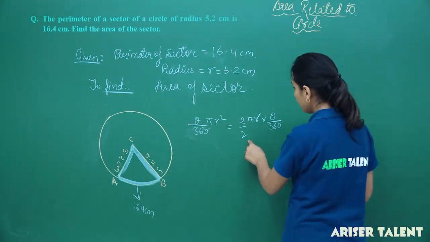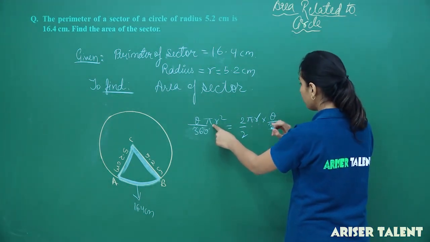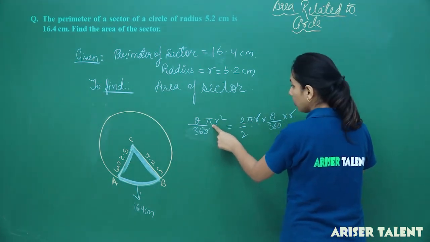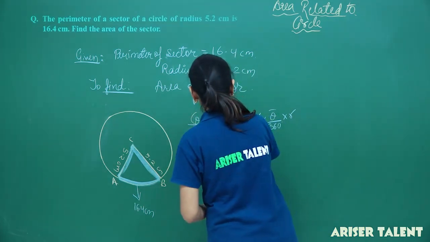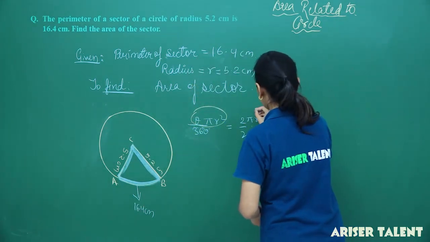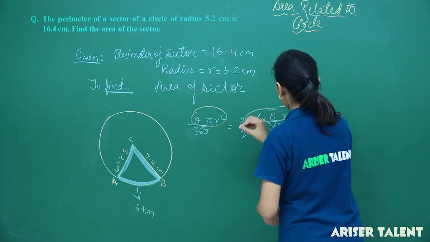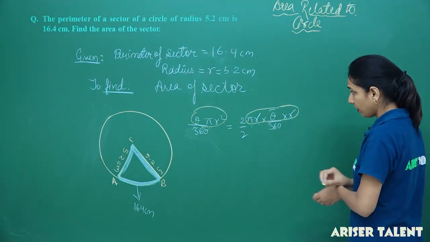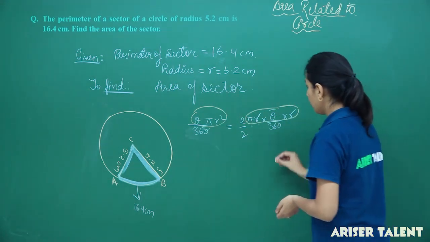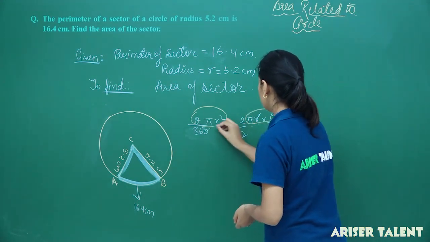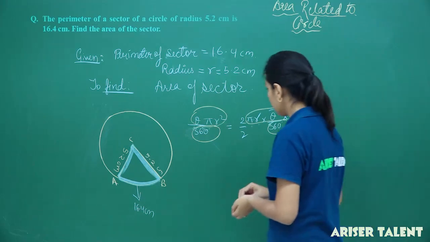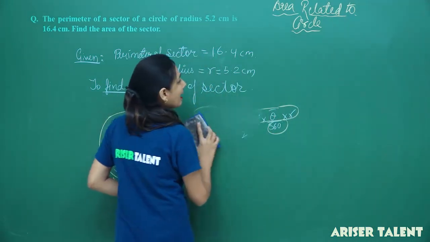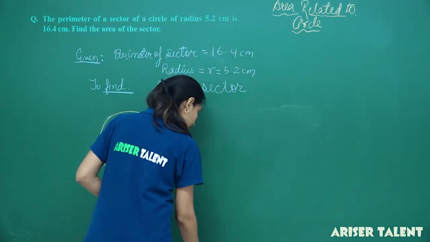Now by 2 here, pi here, r here, so 1 r is remaining, so r here. So this theta pi r square, and this 360 is here. Can we make something like this? Let's have a look. So here's the solution part.